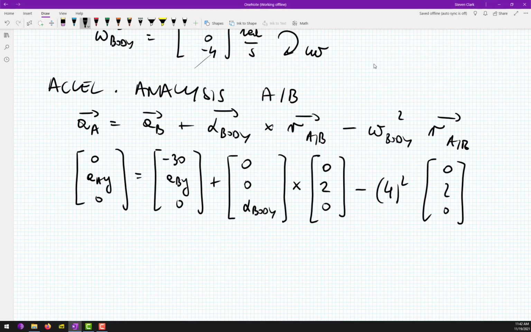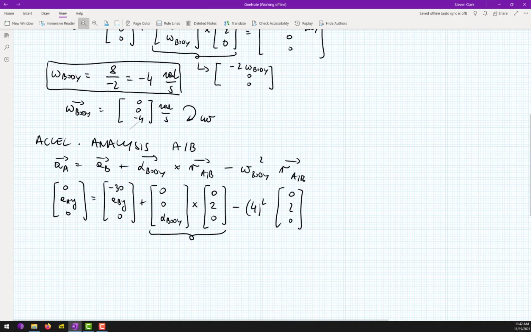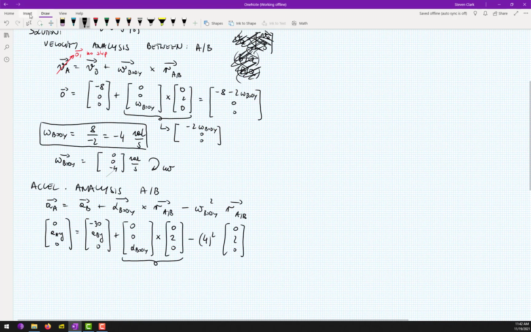If you solve this determinant, by the way, here is a trick for the exam, just to save some of your time. Please observe that this determinant is exactly the same as this determinant. The only difference is that in here we have omega, and in here we have alpha.